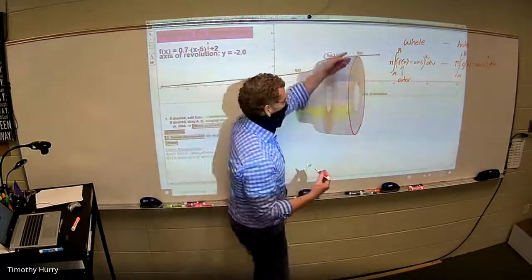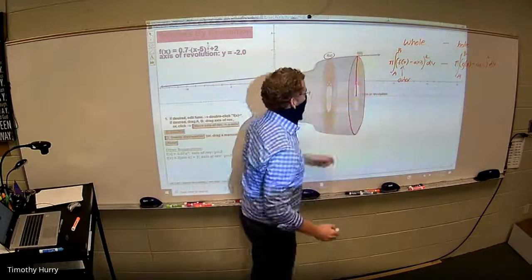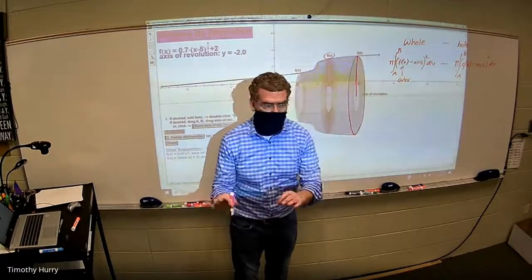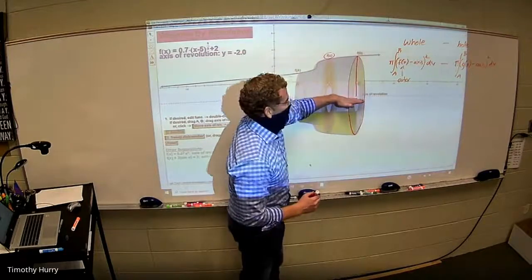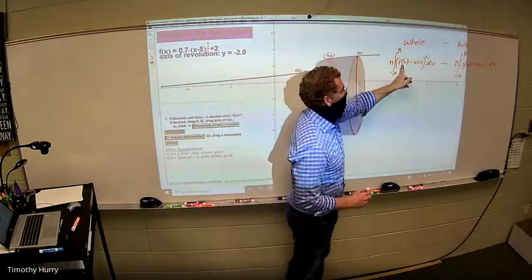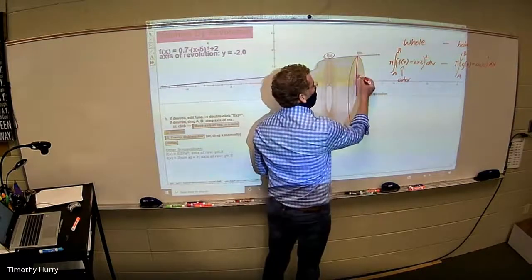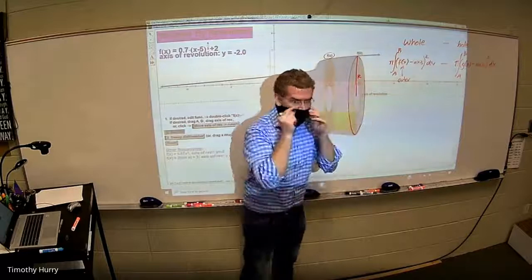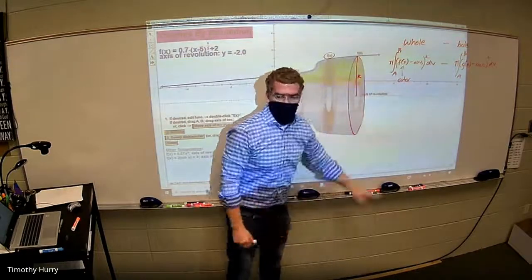If I cross section this, I need that radius, and that radius is not top minus bottom of the region that was shaded. It's the outermost function to the axis. If I subtract the outermost function and the axis, I get the big R, the big radius. Then I can pi r squared it to get the area of this circle, dx it to give it width, and integrate from A to B to give me volume.